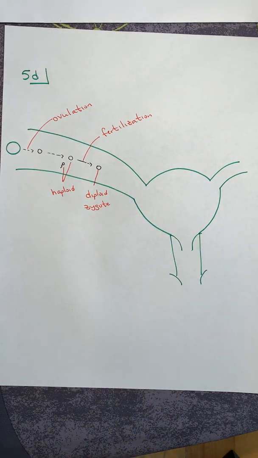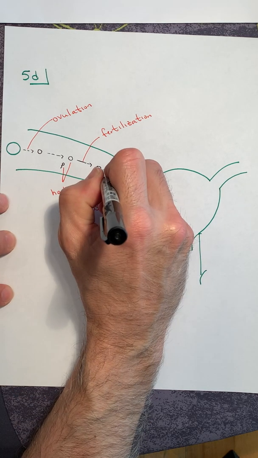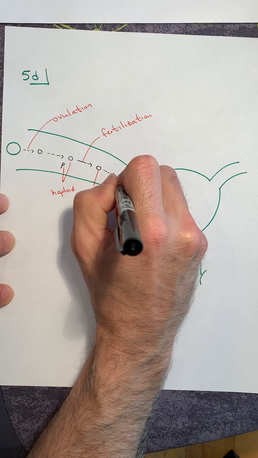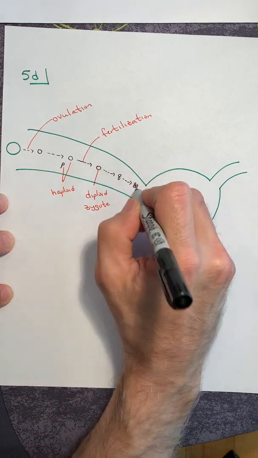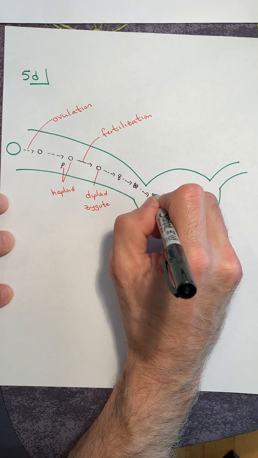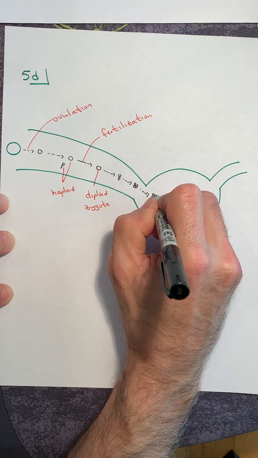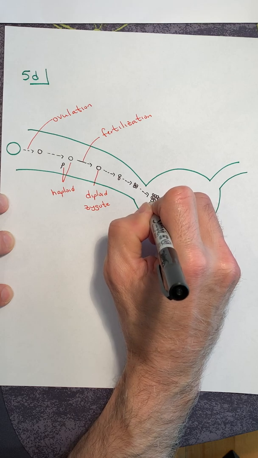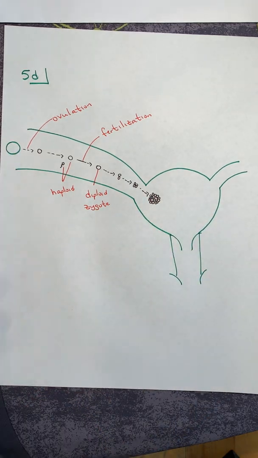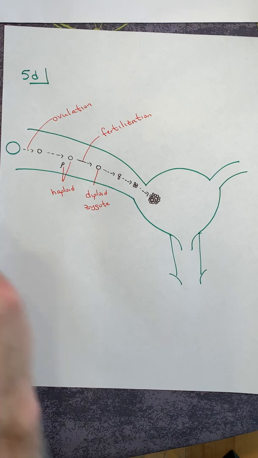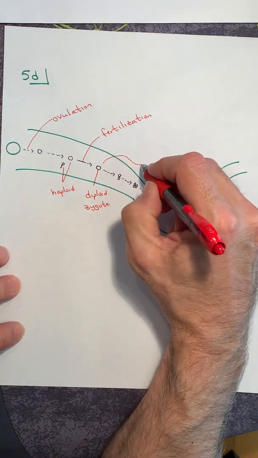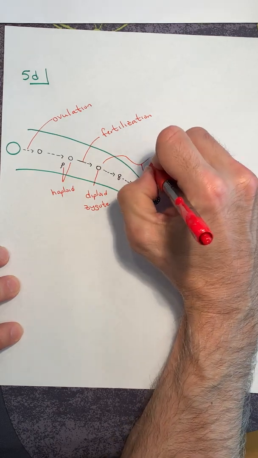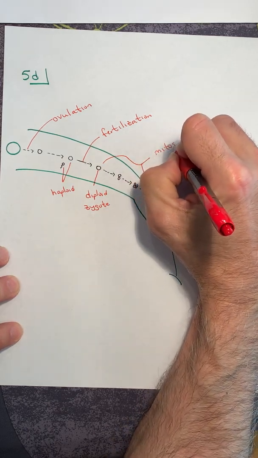Done. Now that diploid zygote starts going through mitosis and goes from 1 cell to 2, and 2 cells to 4, and 4 to 8, and 8 to 16, until you have a cluster of cells. And we talked about this at the beginning of our class together back in July and August. So this process of going from 1 cell to this cluster of cells, all of this is mitosis.